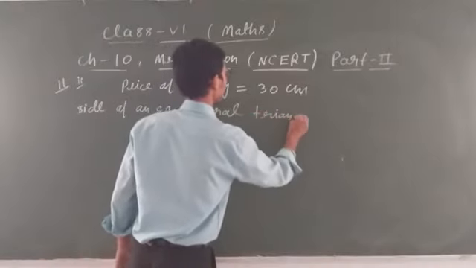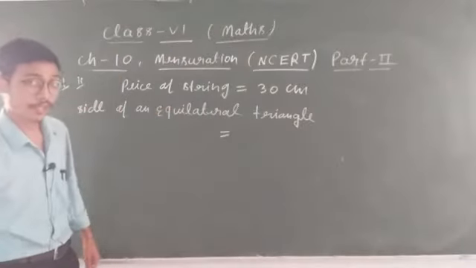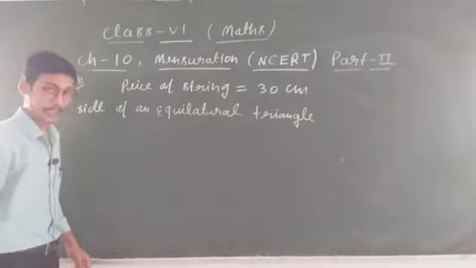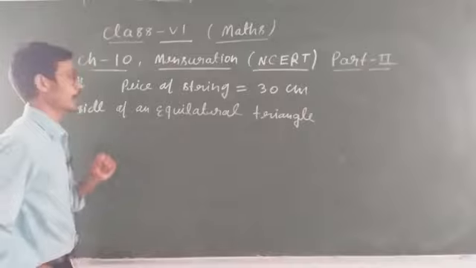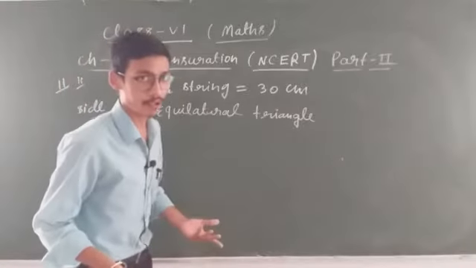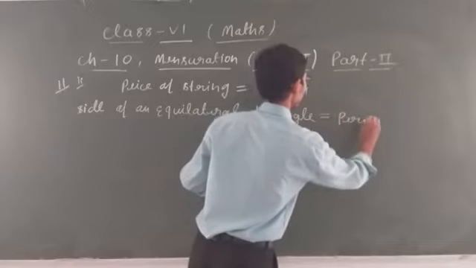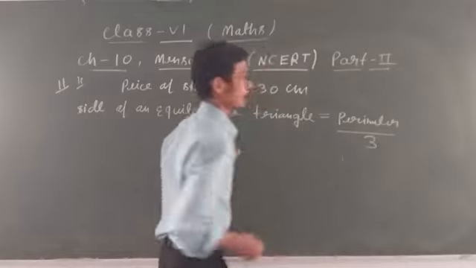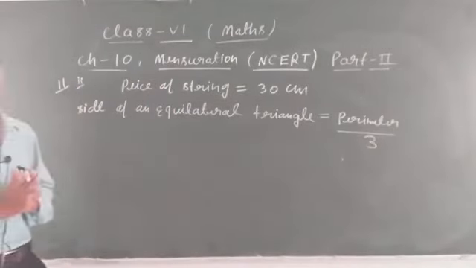A few minutes ago we discussed the perimeter of an equilateral triangle, which is 3 into side. Now you know that the side of an equilateral triangle equals perimeter upon 3, because the perimeter of an equilateral triangle equals 3 multiplied by side.